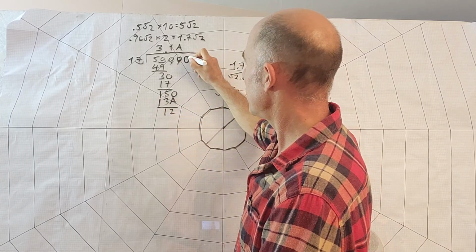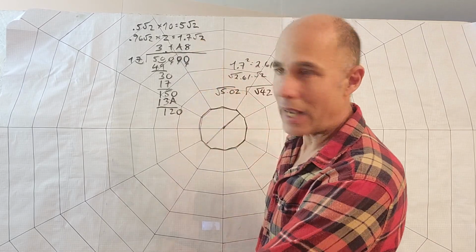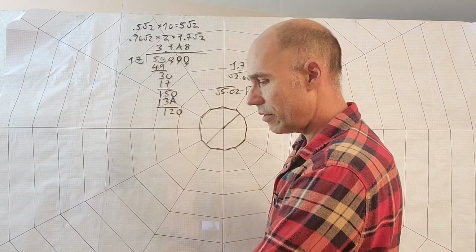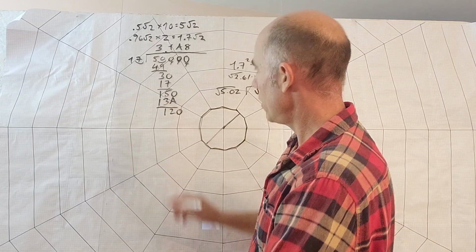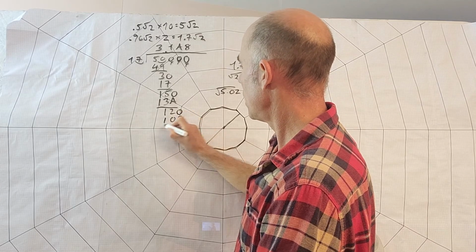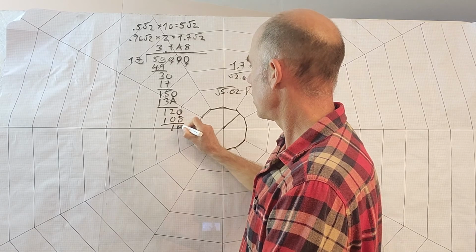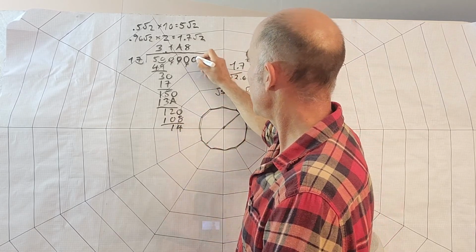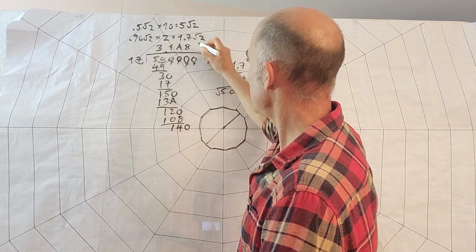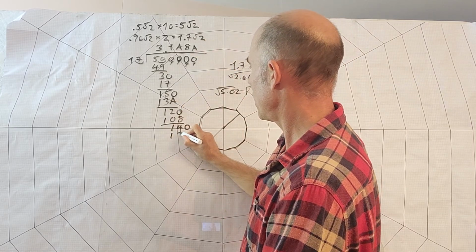We're going to bring down another 0, 120. So that's going to be 8. 8 times 17 is 108. So we subtract that from 120, we get 14. So we're going to bring down another 0. 14 is going to be A again. That was 13A.